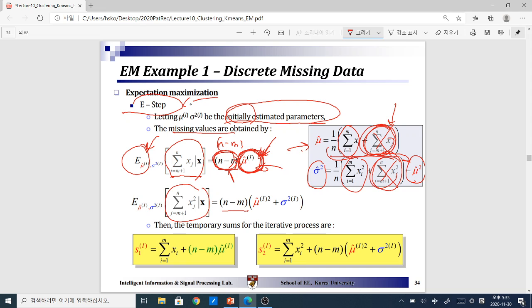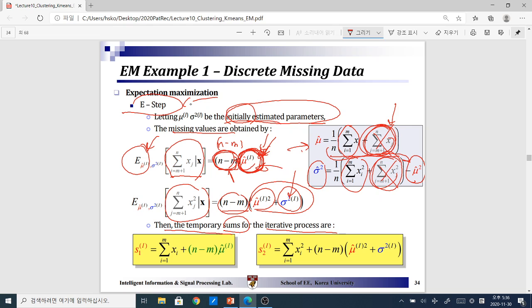So that's going to be done by, once again, those n minus m samples multiplied by the square of the assumed mean plus the assumed or initialized variance. So here, once again, we're assuming that we know this information as well as this information to start off. So with that, we can then have a temporary sum for the iterative process as follows.